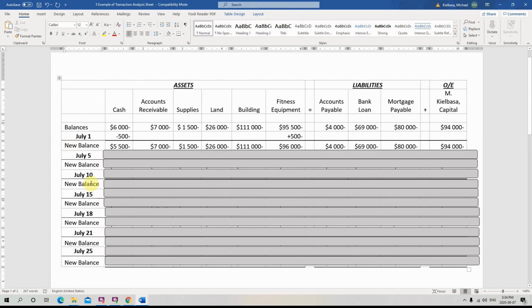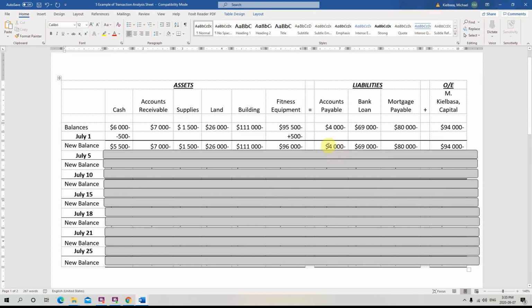Now let's assume on July 5th that we buy $55 worth of supplies on account. Okay? On account means we promise to pay later. So supplies is going to go up 55 and accounts payable is going to go up 55 as well, because now I owe $55 more.